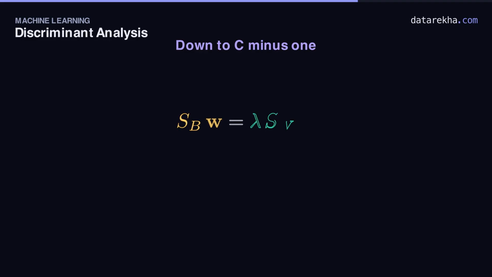LDA is also a dimensionality reducer, and it scales past two classes beautifully. With more classes, that single best direction becomes a general eigenvalue problem. S_B w equals lambda S_W w. Each eigenvector is a discriminant direction, but there's a hard ceiling.